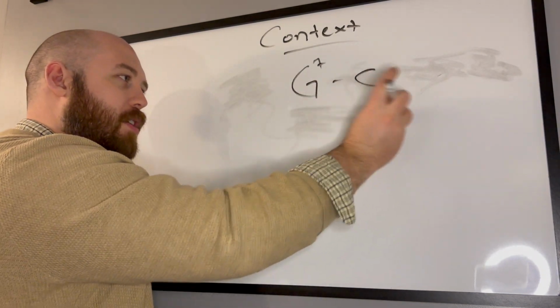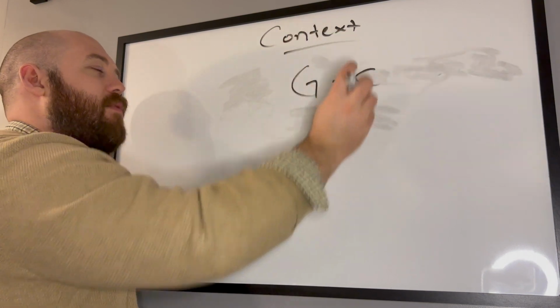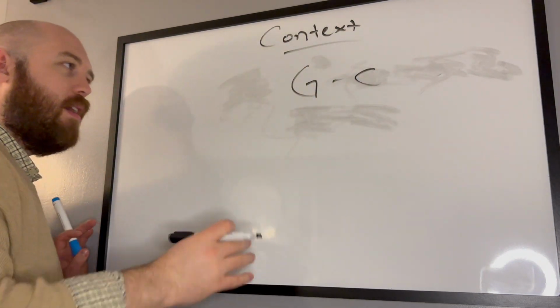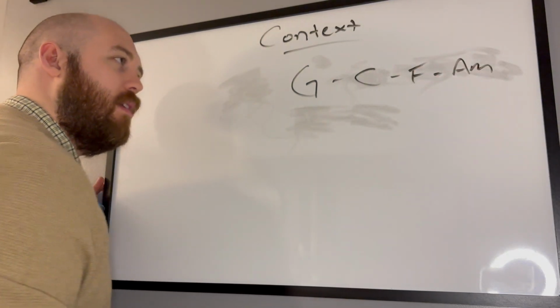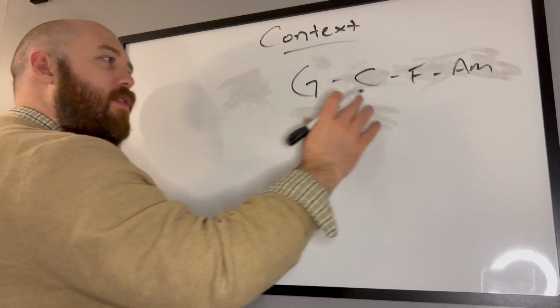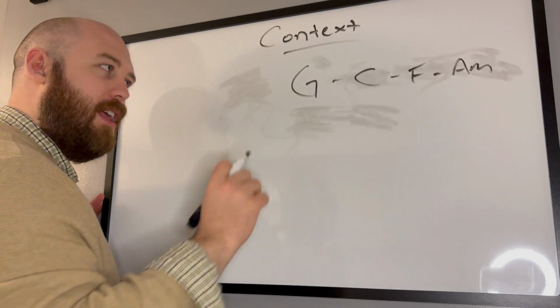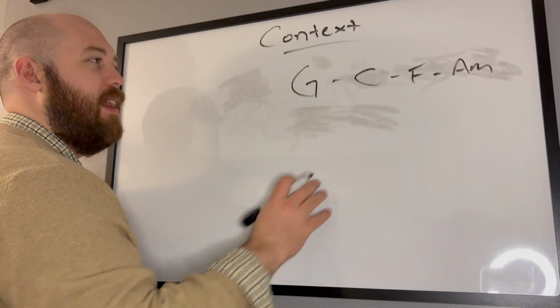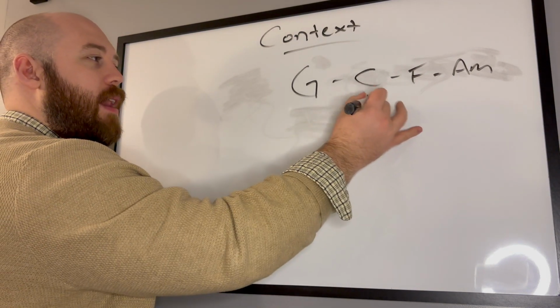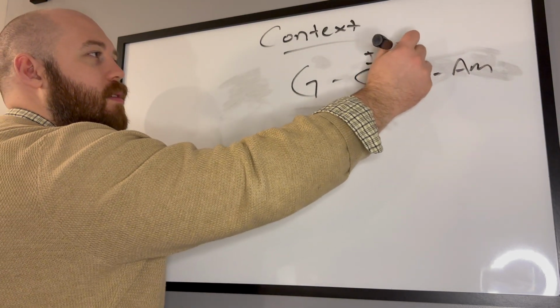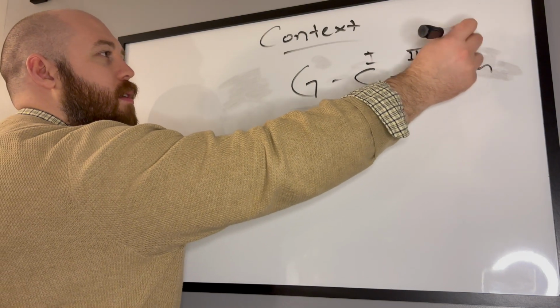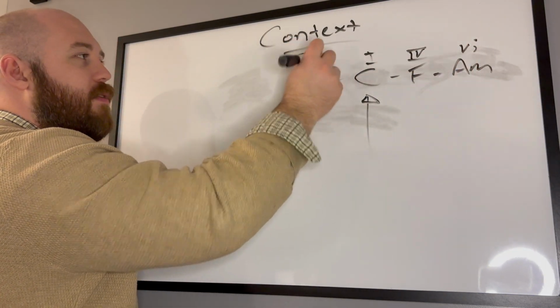And guess what? You don't even need to have a 7 on here. Let's say we're playing along, we have a G, a C, we have an F, we have an A minor, right? All of these chords mixed up together give your ear the context that we're in the key of C right now, right? This is the 1 chord. This is the 4 chord, minor 6, and this is the 5, okay?